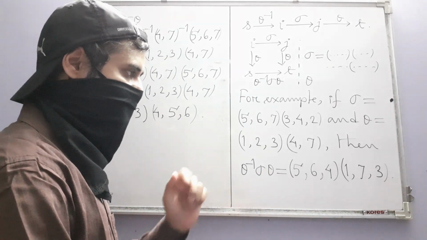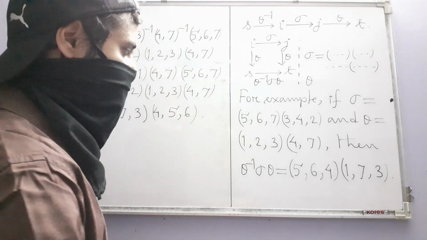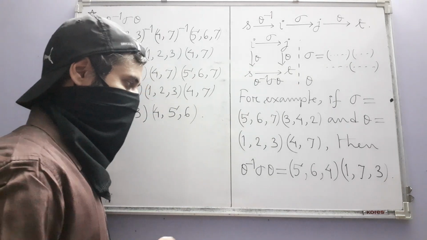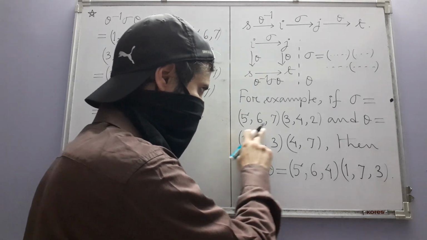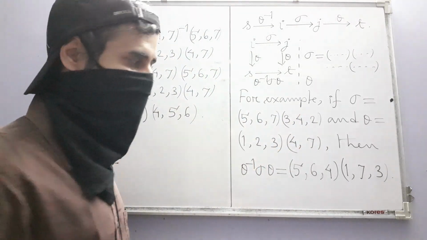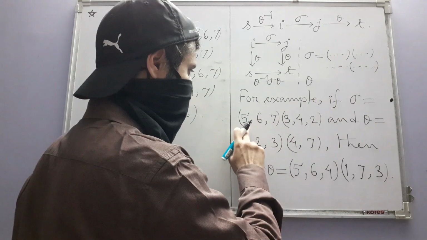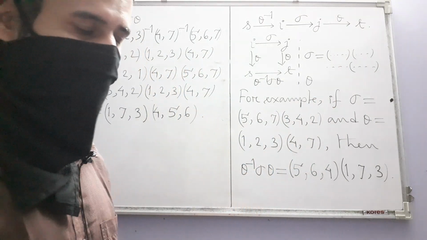also shows something. Do you see what is happening? I mean, what effect does this have on the cycle structure of sigma? Cycle structure of sigma means the cycle decomposition of sigma. Sigma originally is a product of 2-3 cycles.